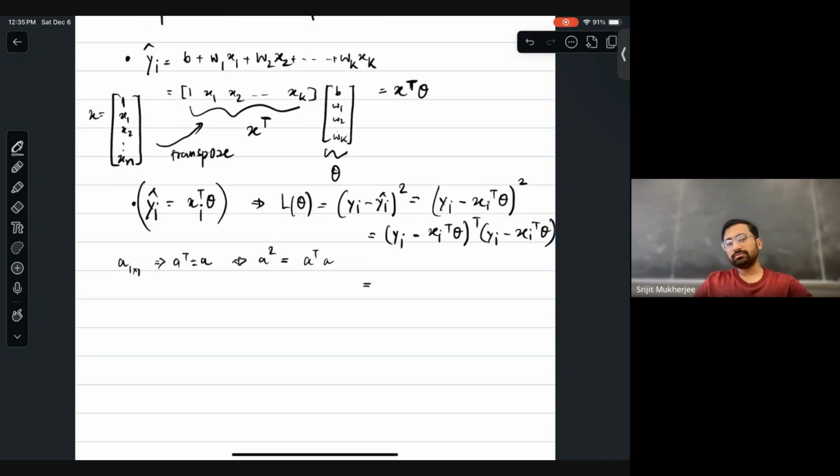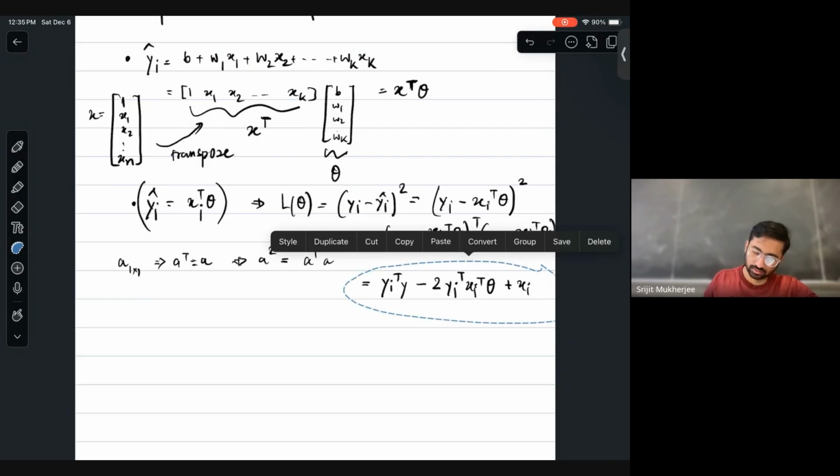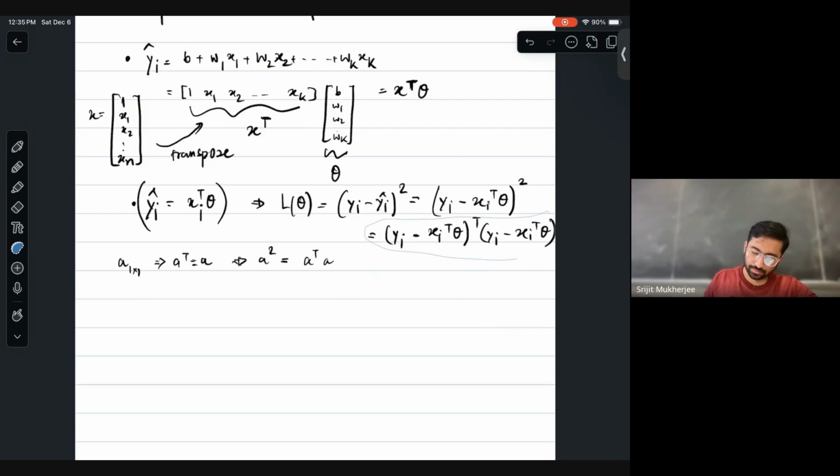So we can get to an equation: yi transpose yi minus twice yi transpose xi transpose theta plus... let's write it properly.